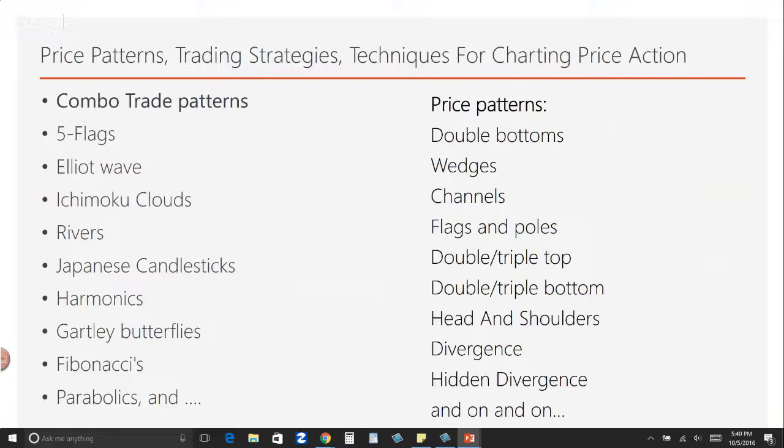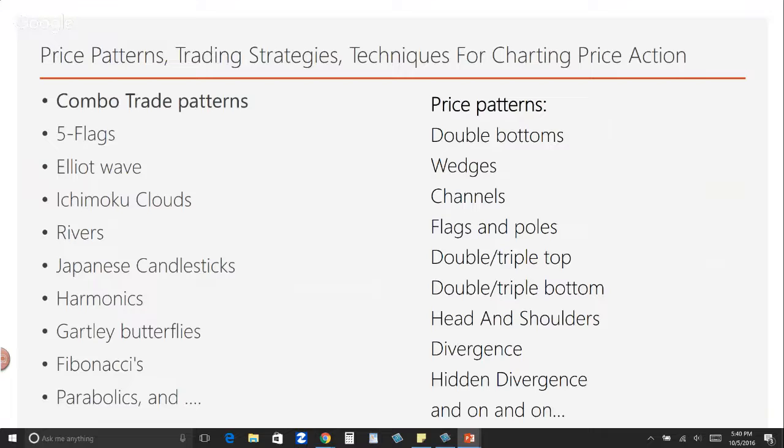Price patterns and trading strategies and techniques for charting price action are limitless. There's probably thousands of them. Here are a few that came to my mind. The combo trade patterns, of course, that's what I do. I've seen 5 flags, Elliott wave, Ichimoku clouds. I've seen rivers. I've seen Japanese candlesticks.